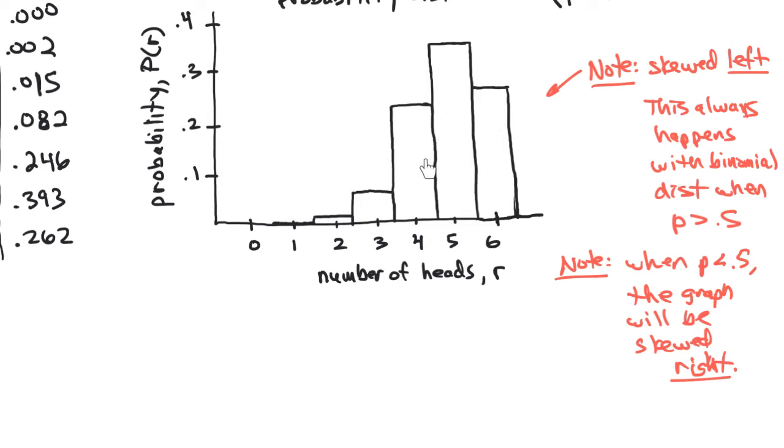So to make the cardboard cutout balance, you'd have to put your finger at about 4.8. It's not right in the middle because this thing is not symmetrical. So the mean has that geometric interpretation, although we don't ever really use it.